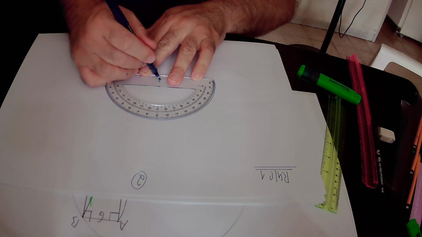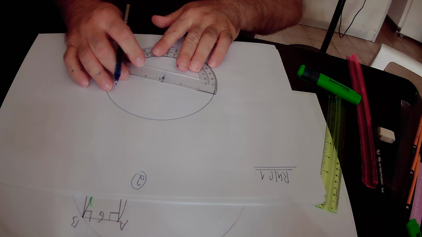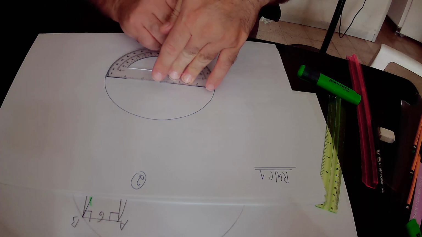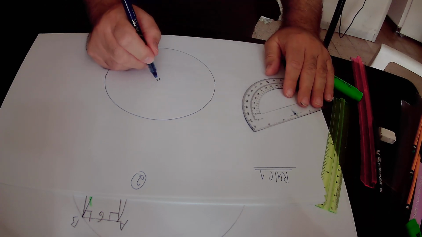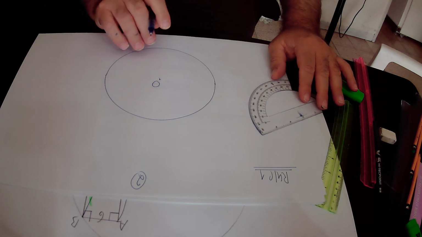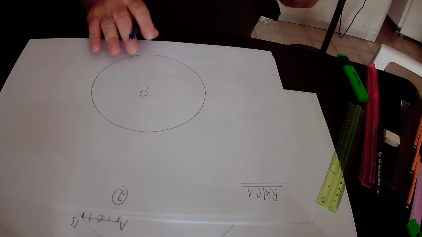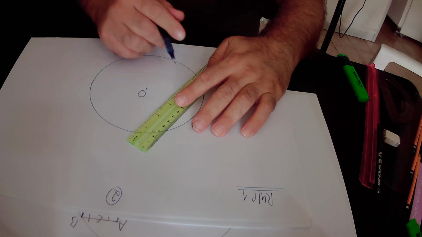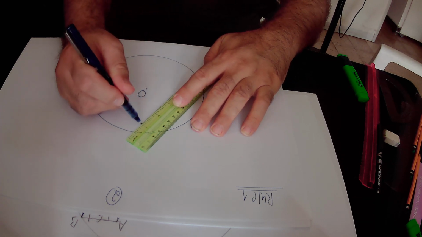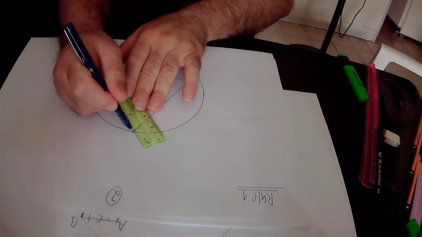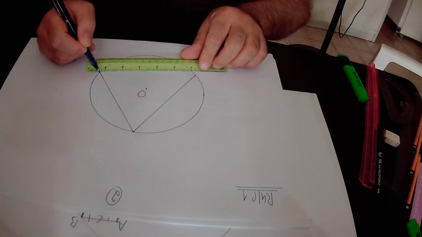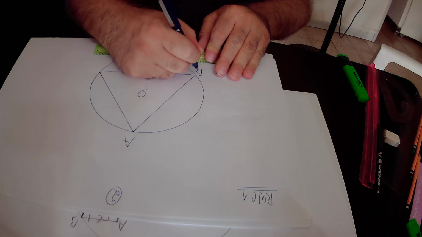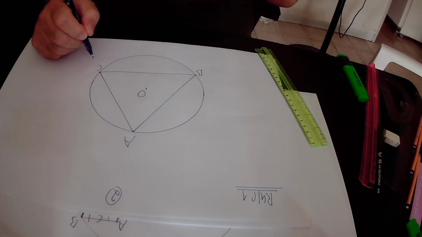The center of the circle is at this point, point O. This is the center of the circle, and inside this circle we have triangle ABC that is blocked by this circle. This is triangle ABC that is blocked by this circle.